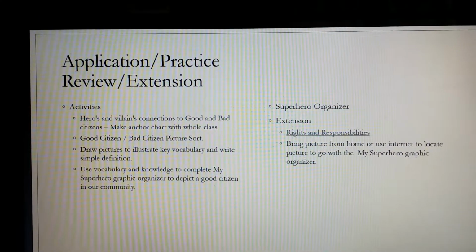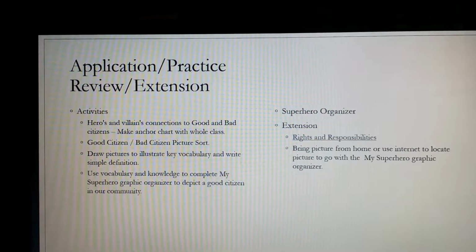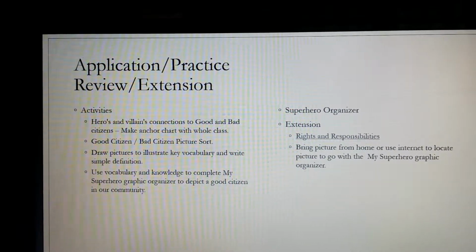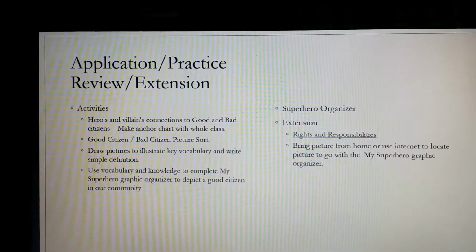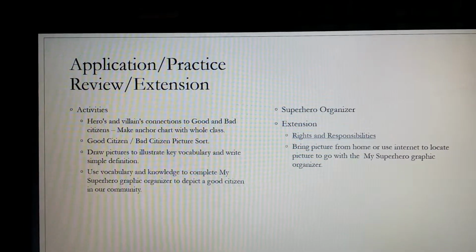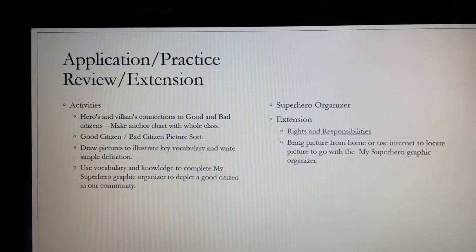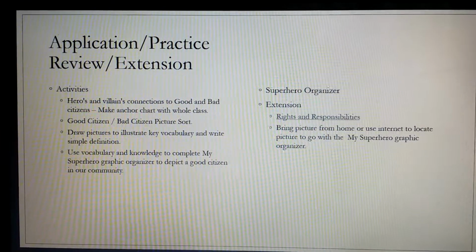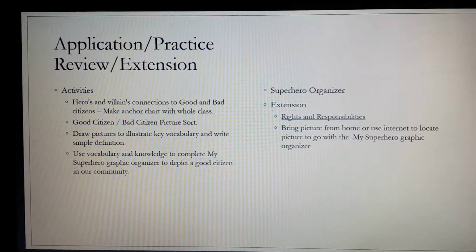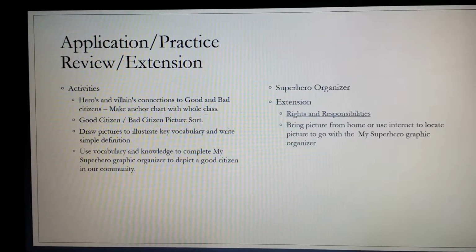The Good Citizen, Bad Citizen picture group is a small group activity where the students will have pictures on their desk groups, and they will divide the pictures into good citizen group and a bad citizen group, depending on what the picture depicts. They will draw pictures to illustrate key vocabulary and write a simple definition for each term.